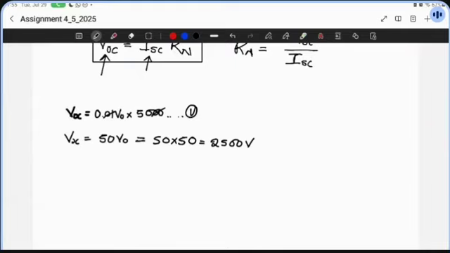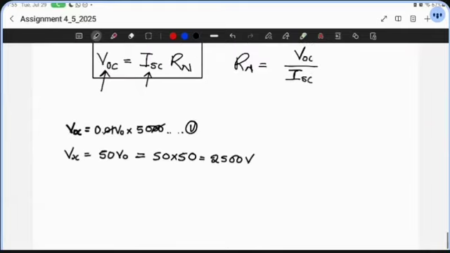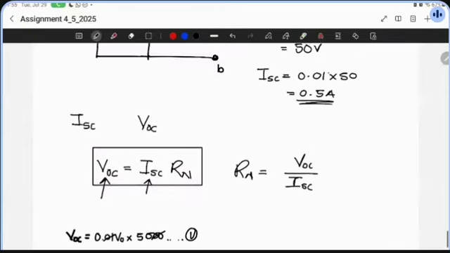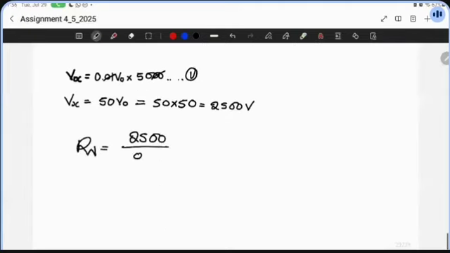Since we now have V open circuit, you can get R Norton, which will be V open circuit, which is 25, divided by I short circuit. I short circuit is 0.5. This will be 5,000 ohms or 5 kilo ohms.